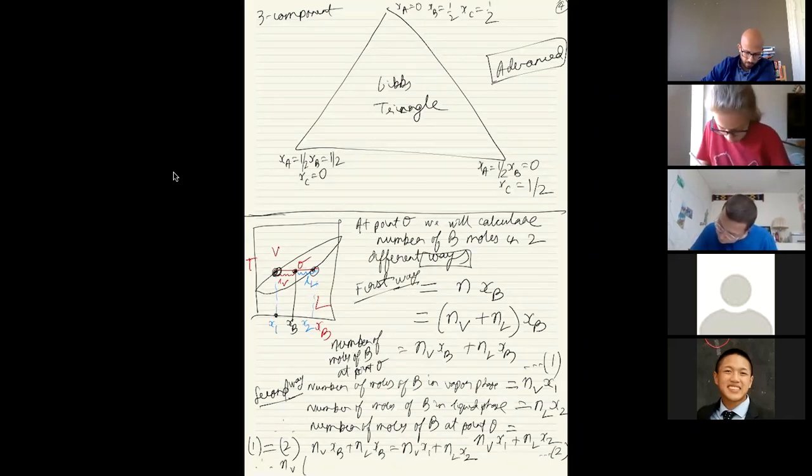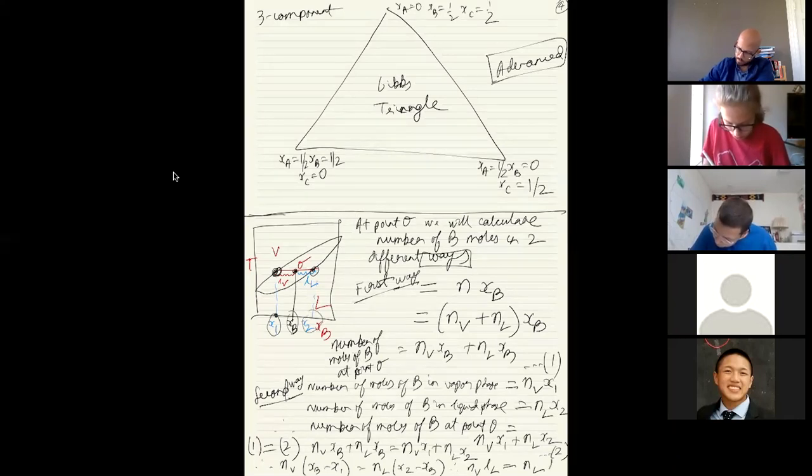Therefore, NV times (XB minus X1) is equal to NL times (X2 minus XB). But XB minus X1 is exactly our LL, right? Therefore, NV LL is equal to NL multiplied by (X2 minus XB). X2 minus XB is exactly LV, and that's our Lever rule.